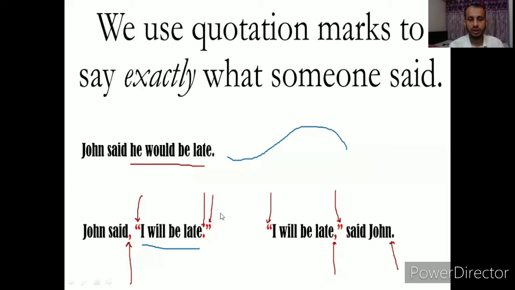So by using quotation marks, we can separate the main sentence uttered by the speaker. I will be late, said John. You can write the speaker at the end of the sentence or at the beginning of the sentence. John said is at the beginning, and said John is at the end of the sentence.